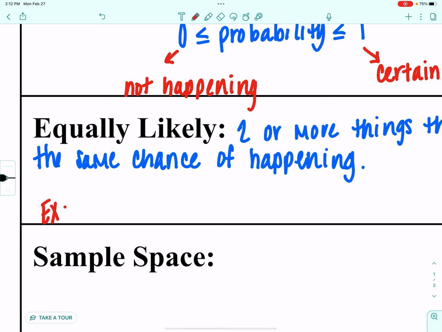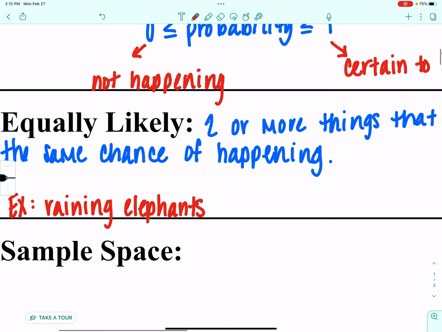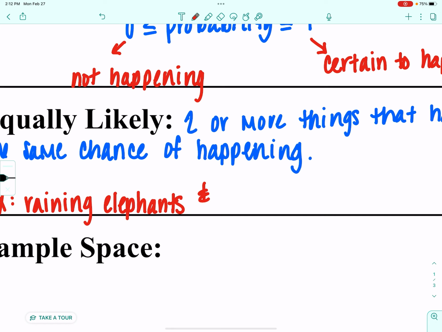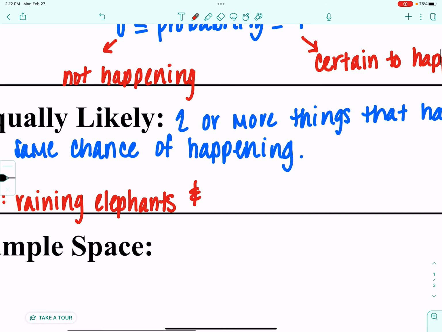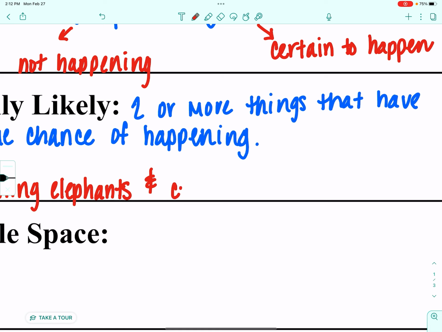I'm going to go back to the raining elephants. So we could have the probability of raining elephants, and the probability that I go to Walmart and they're selling concrete donuts in the bakery.